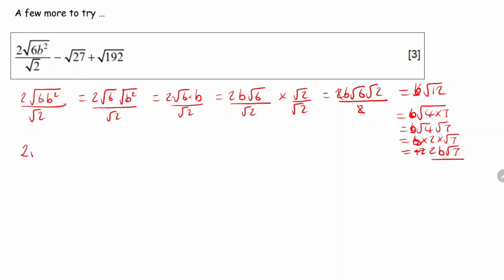Our root 27, which is the middle term, goes to root of 9 times 3, which is root 9 root 3, which gives us 3 root 3. Quite straightforward. And the last term, root of 192.